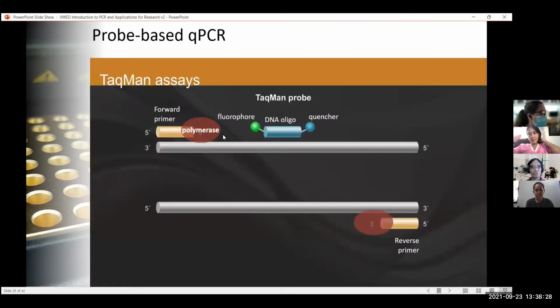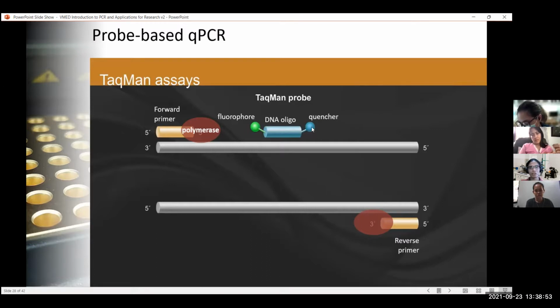Okay, so this is an illustration of the probe. For the conventional PCR and the SYBR Green PCR, you only have 2 primers. But here you have, quote unquote, 3. One of them is the probe. The other 2 are regular primers, and your probe will have a fluorophore, which is a fluorescent dye, on one end, and a quencher on the other end.